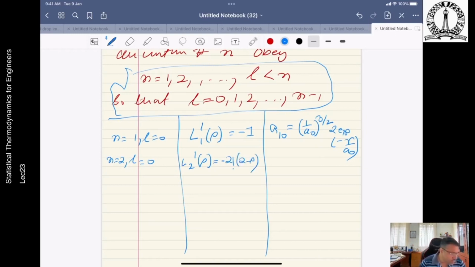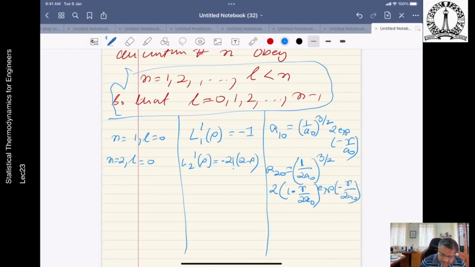And R 2,0 is given as 1 over 2 a naught raised to the power of 3 by 2 into 2, 1 minus r by 2 a naught, exponential of minus r by 2 a naught.